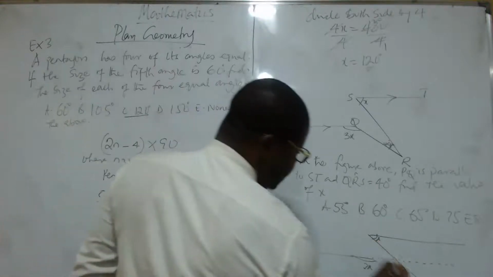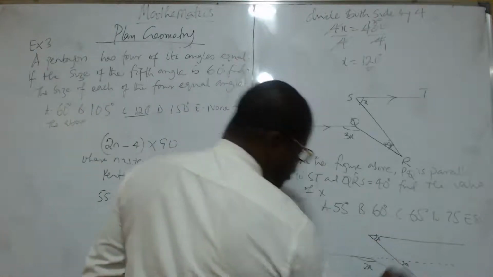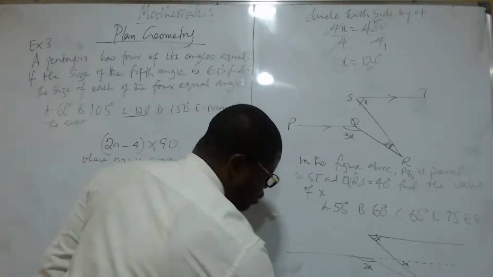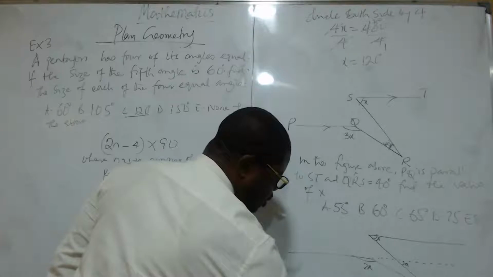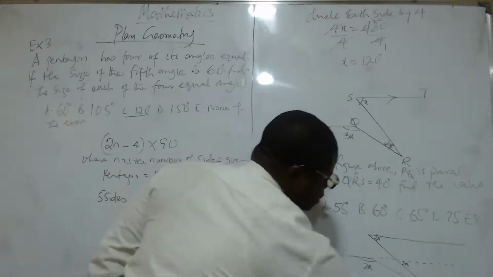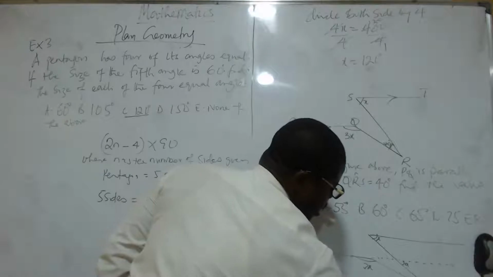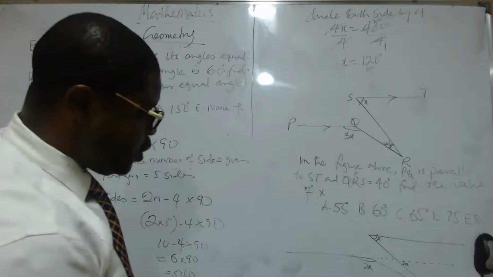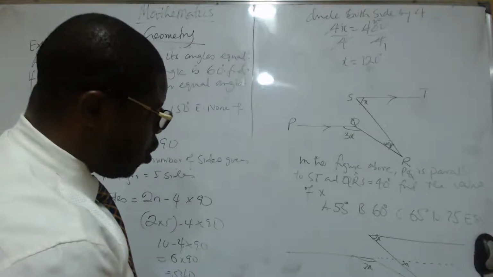Okay? So if here's x, name here A. So my x is equal to A. Reason: corresponding angles are equal.